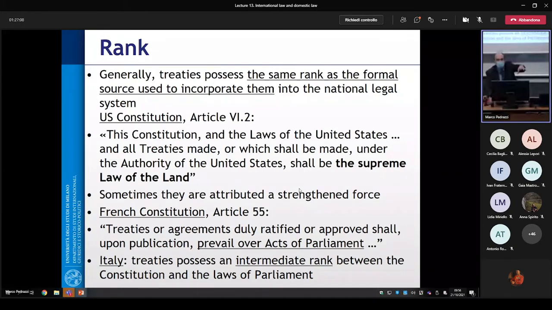They are domestic law. French constitution: treaties or agreements duly ratified or approved shall, upon publication, prevail over acts of parliament. This is a question of hierarchy, but it also means they are part of national law. If they prevail, that is because they are part of national law.